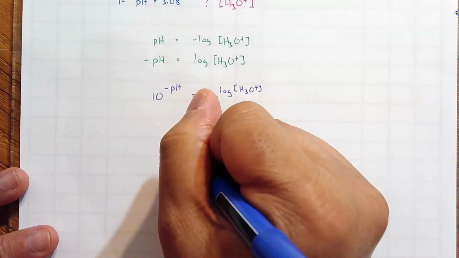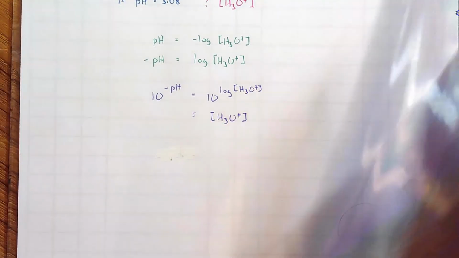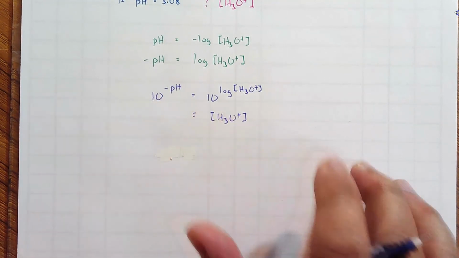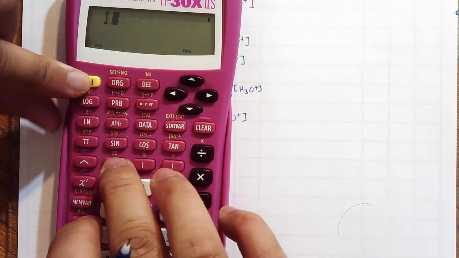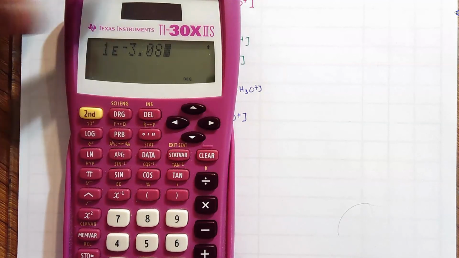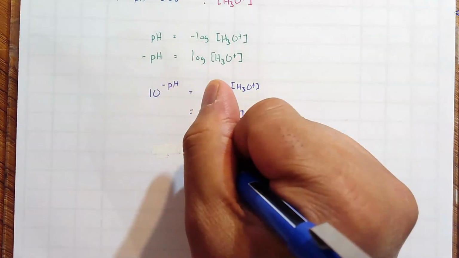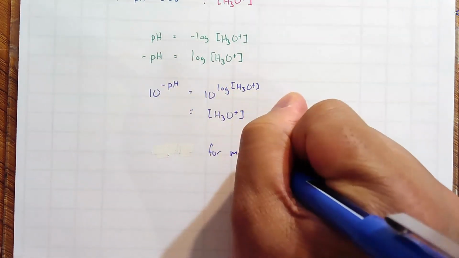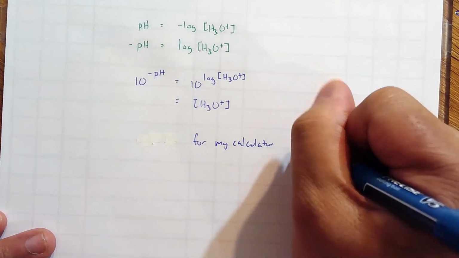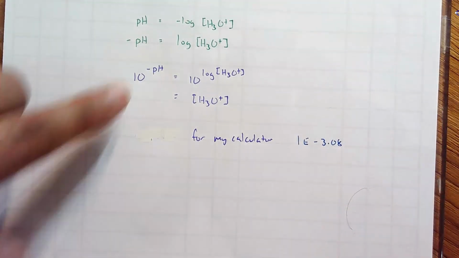The thing is, on my calculator, maybe I should just show you the calculator. Because I want to plug in negative 3.08. So if I do 1e negative 3.08, which is what I normally do for raising to the power, I get an error. Where are we getting 3.08?